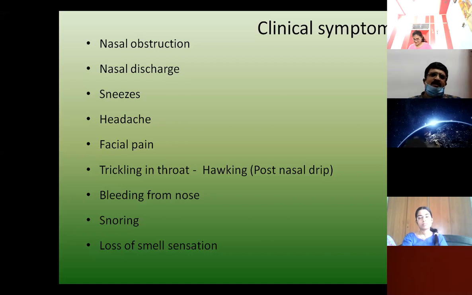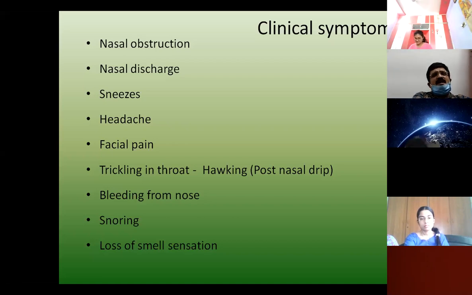You should suspect that there is some pathology involving the nose. So what causes are involved, and how do you diagnose the present disease condition? We'll be going through this in today's and tomorrow's sessions.